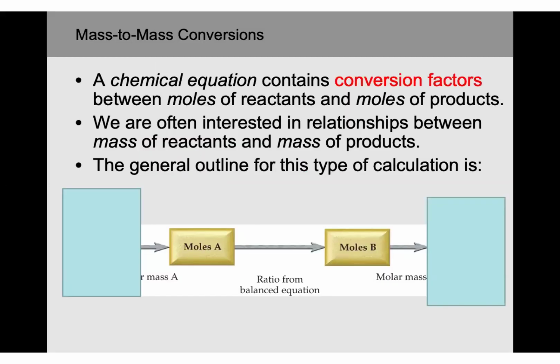Okay, so in the previous slides, I talked about just mole to mole conversion. They give you the mole as a given number and ask for another mole in the question. They gave you a mole, and you use the ratio from the balanced chemical equation to find the mole of another compound.